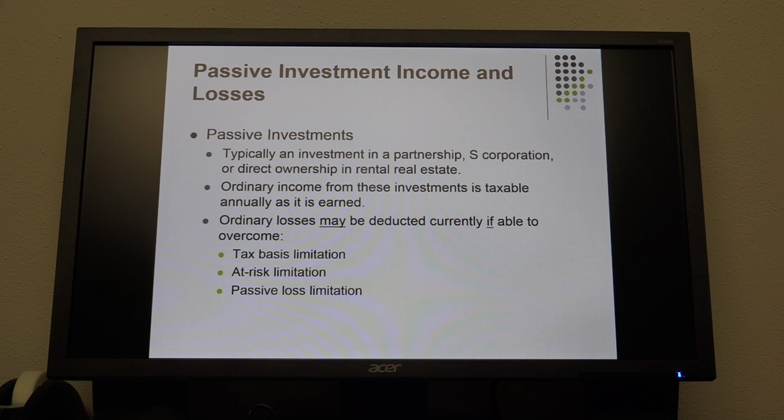And so Congress and the IRS moved to close this loophole. And so what they did is come up with these passive investment loss and income provisions. And so the current structure limits how you treat passive investment losses, especially.